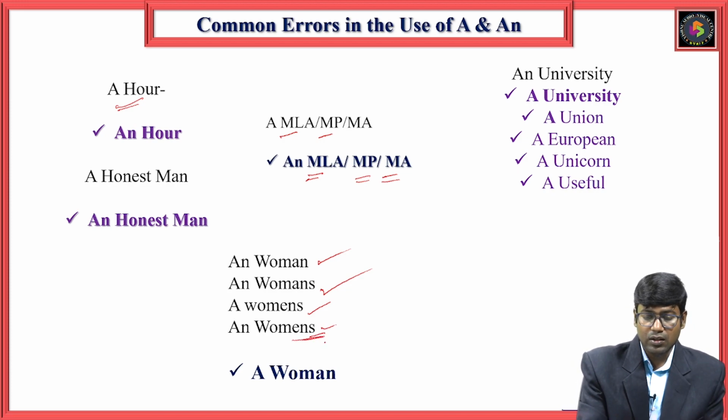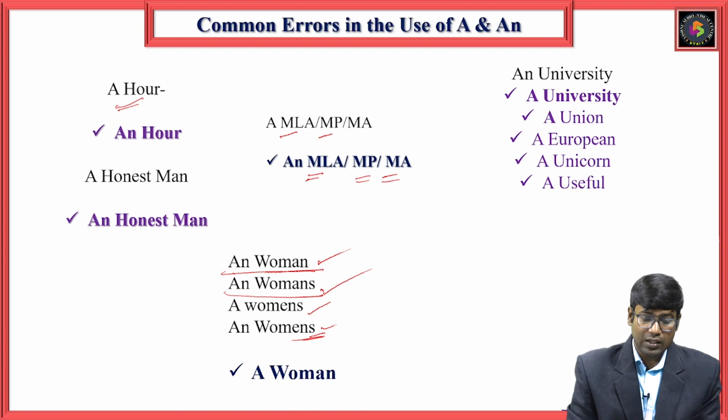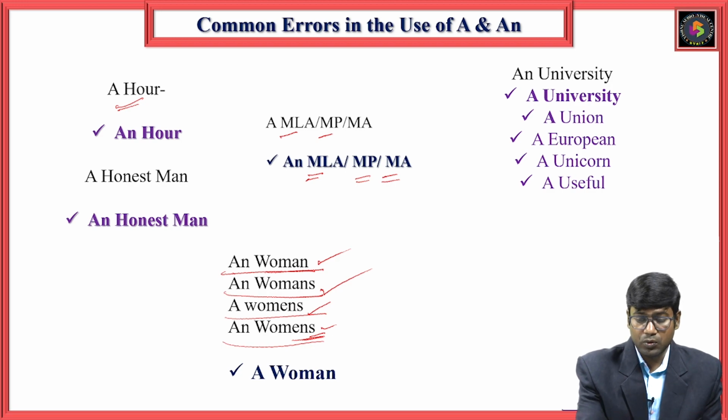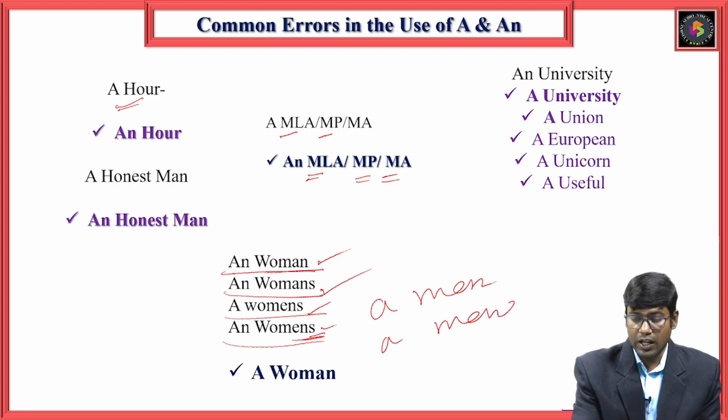You see that they are making some mistakes. This is one kind of mistake, this is another kind of mistake, this is another pattern. The same kind of mistake: a men, a men's, and men.